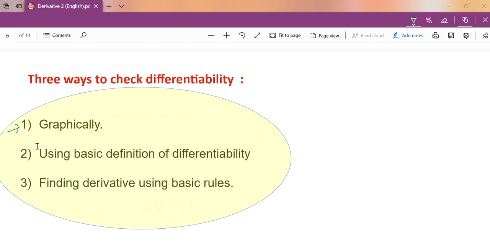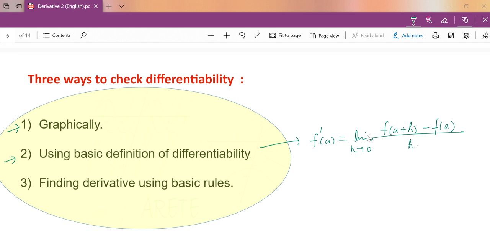So what next? Suppose I am not sure with the graph. What I can do is use the basic definition of differentiability. If I want to check at a point whether my function is derivable or not, this is my basic definition, the one which we looked at: limit of f(a+h) minus f(a) over h.